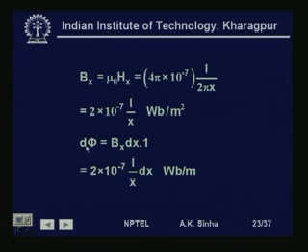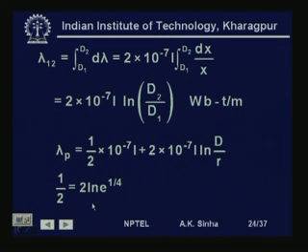Now, once again we take a small strip of 1 meter length and dx thickness, then we can find out the flux through this strip, and this will be equal to Bx into dx into 1. So, again substituting the value, this comes out to be 2 into 10 to the power minus 7 I by x into dx Weber per meter.